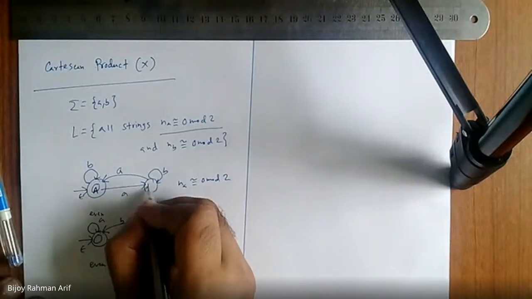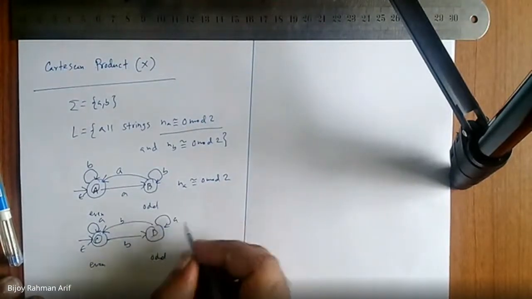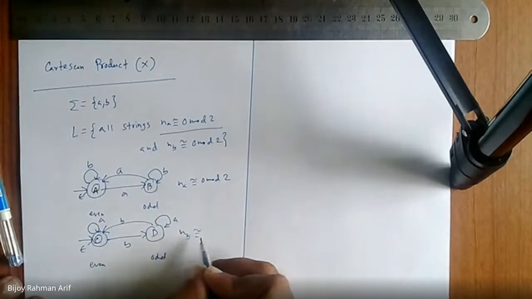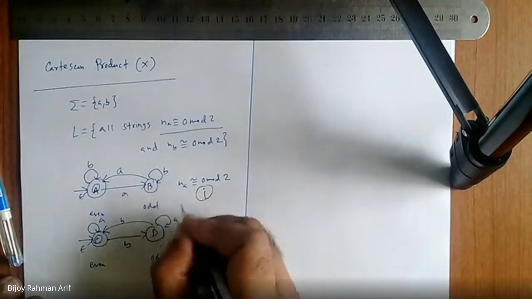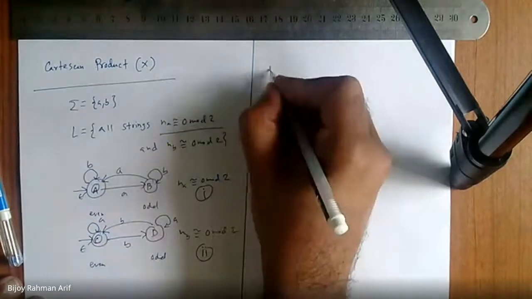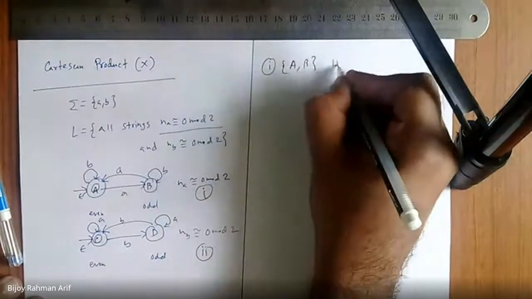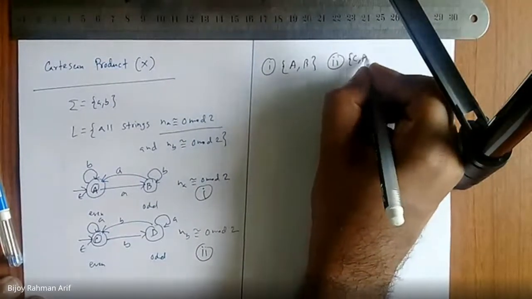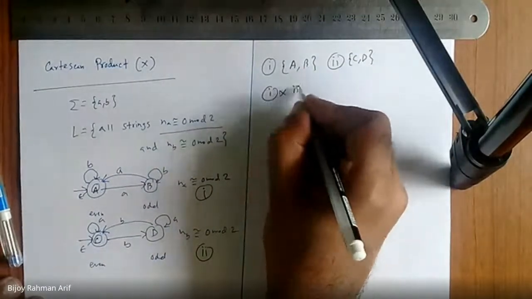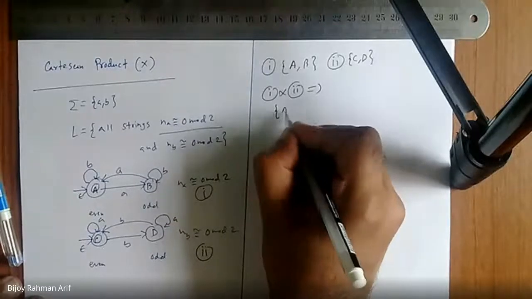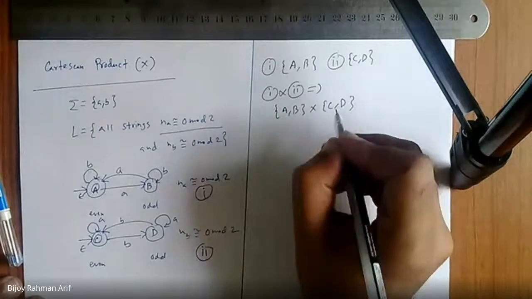A, B, C, D. So what are the states in automata 1? Let's consider this as 1. 1 has A comma B. 2 has C comma D. So 1 cross 2 is nothing but A comma B cross product C comma D. What is the meaning of this?